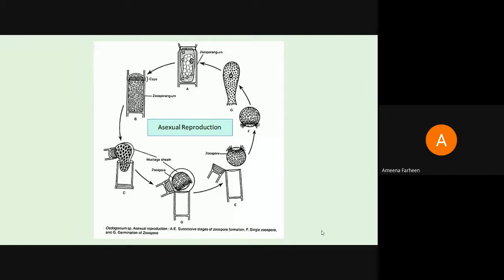Amina, quickly answer attendance. Amina, present, ma'am. Amrita, present, ma'am. Aradhana, Ashwini, present, ma'am. She put it in the chat box, ma'am. Ashwini is present. Okay. Ashwati, yes, ma'am. Ashwati is present.